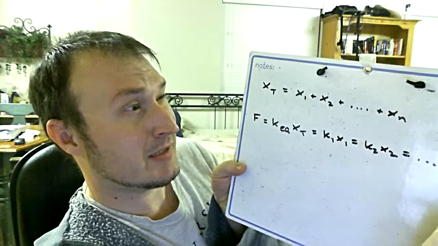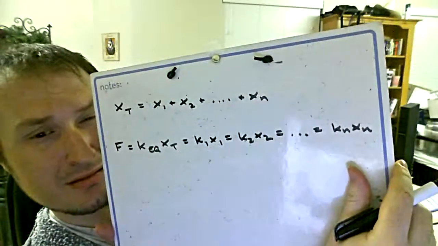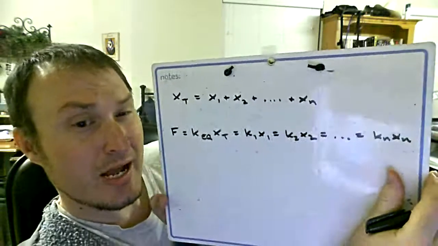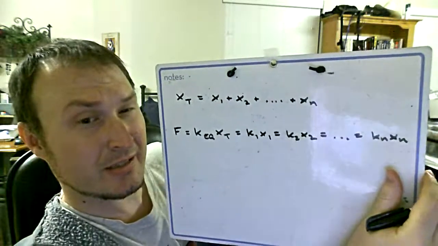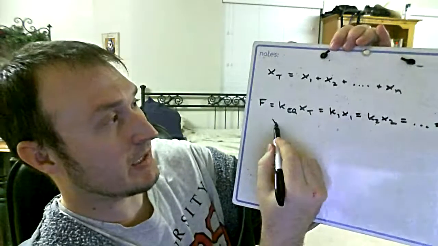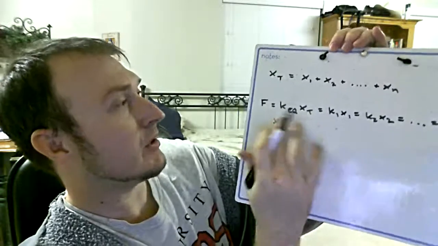Kn x sub n. Then I can start making a substitution here. I can divide this equality by KEQ, and I get all of these relations, and I get x sub t. Oh, I'm sorry, I don't think I want to do that.